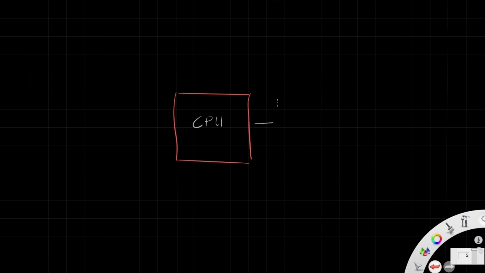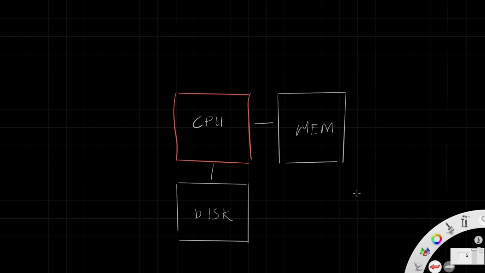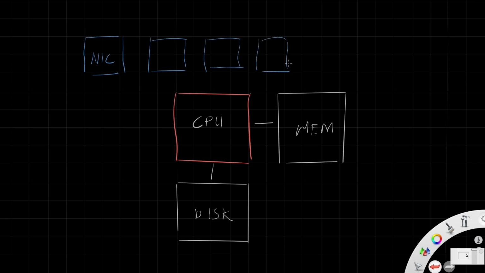Then we have the memory of any computer system, and there is always an associated disk. Now we have other things like the NIC card, which is relevant to the discussion, a device which communicates with the network. And there are other devices like keyboard, mouse, graphics card, all different devices. Probably we'll stick to a discussion of NIC card, disk, CPU, and memory.